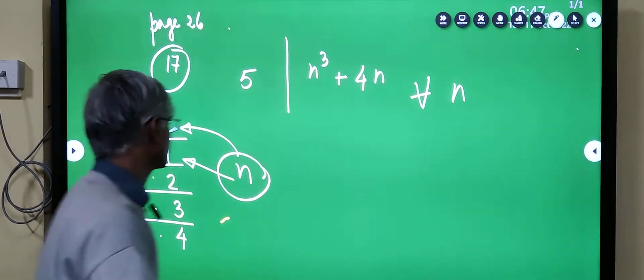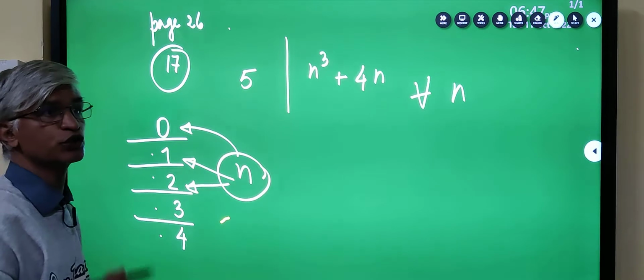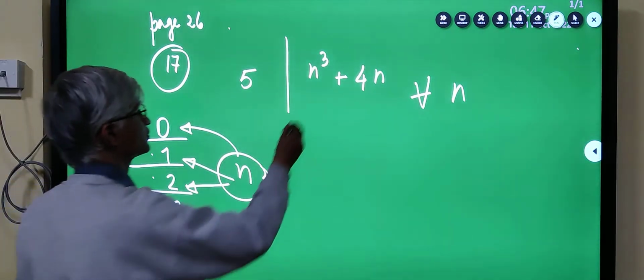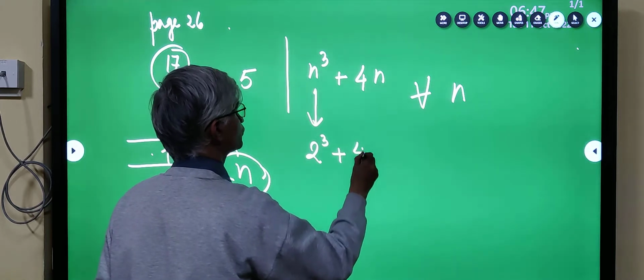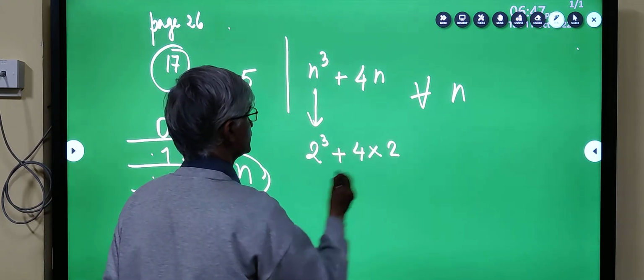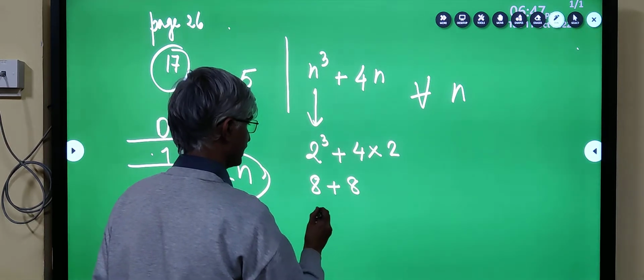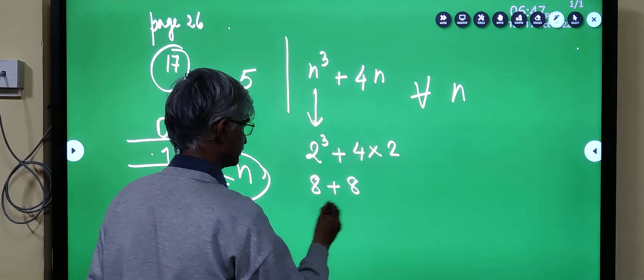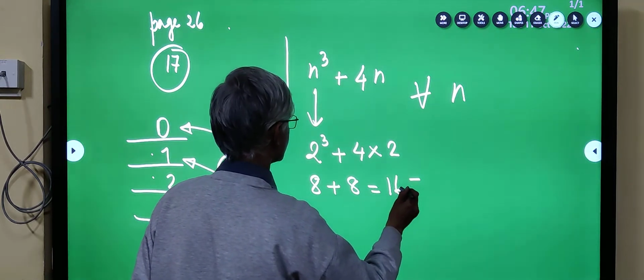Now let's proceed with case 3, which is n leaves a remainder of 2 when you divide by 5. So this is then 2 cube plus 4 into 2, which is nothing but 8 plus 8, and this is nothing but 16. But wait a minute, what's the mistake here?